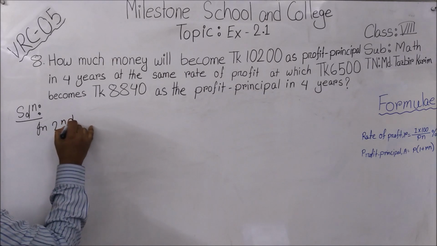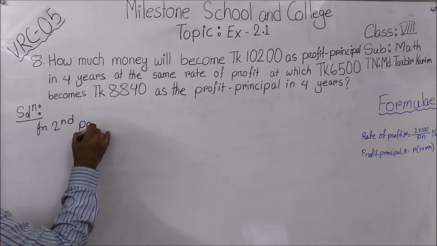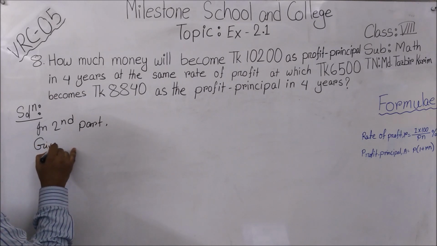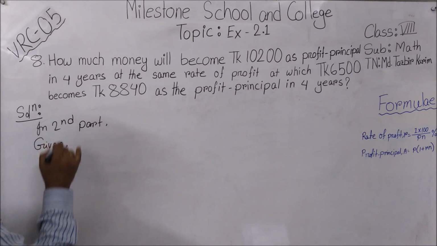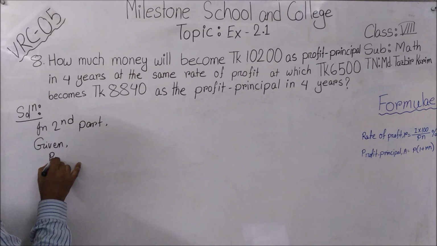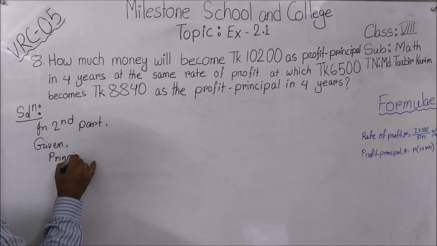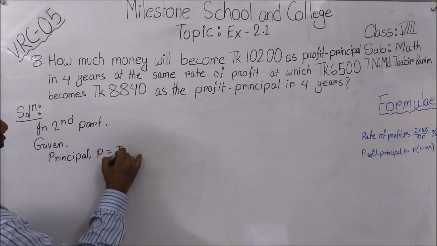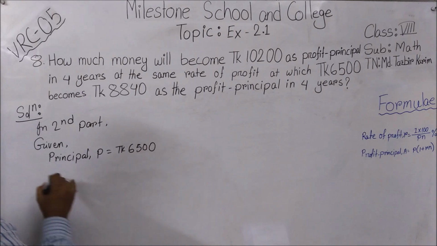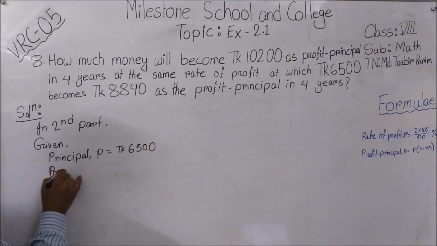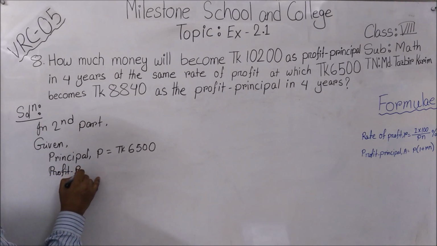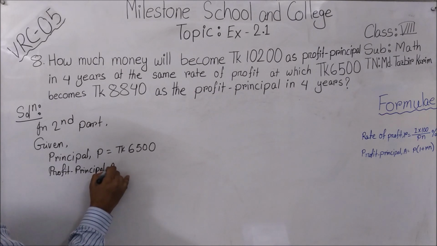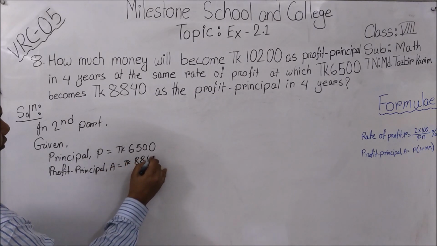In the second part, given principal P equal to taka 6,500, profit principal A equal to 8,840.